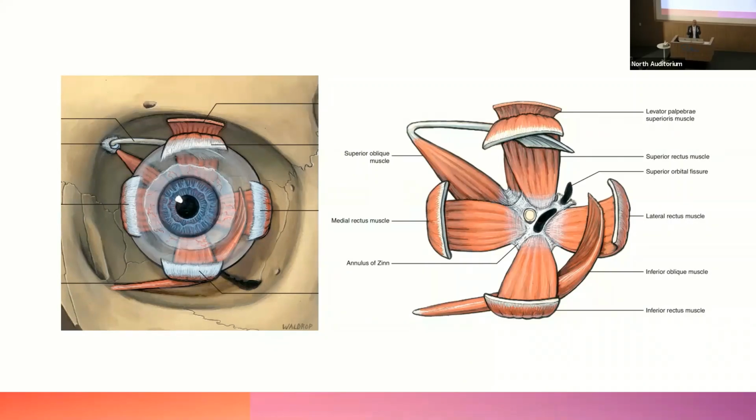If someone's got double vision on right lateral gaze, you should immediately know that's a 6th nerve palsy. My right eye isn't turning out, and the left eye moves normally. So that's how 6th nerve palsies present.